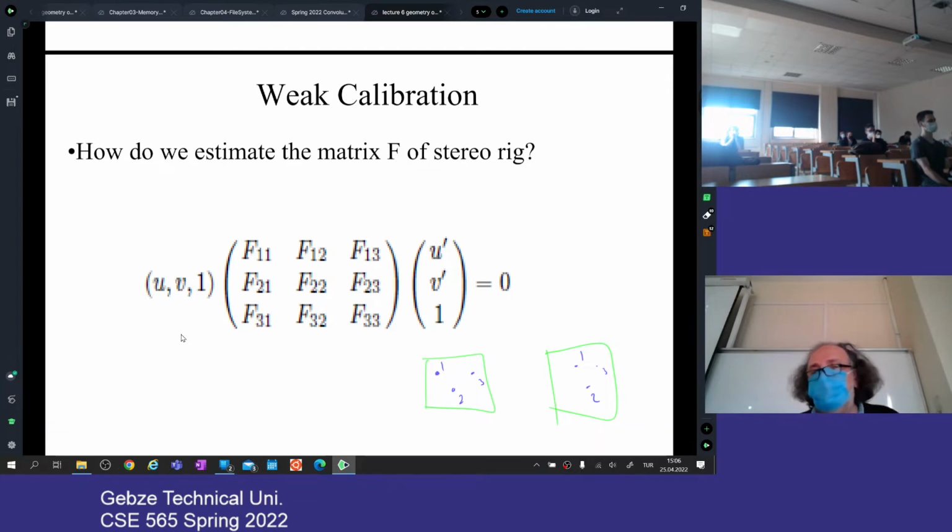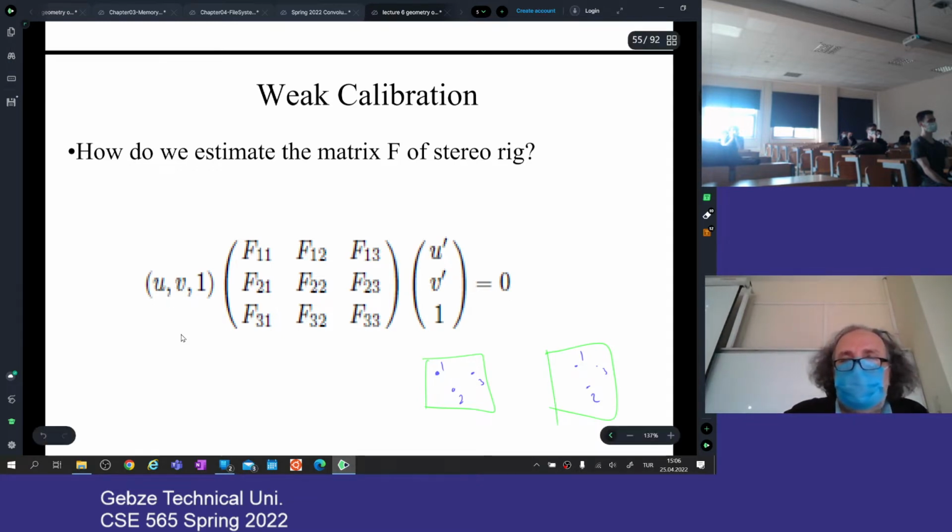If I know the correspondences, I can write these u, v values. Each correspondence will give me an equation equal to 0, right? So I multiply this with this matrix and then this one. It will give me information about these numbers.